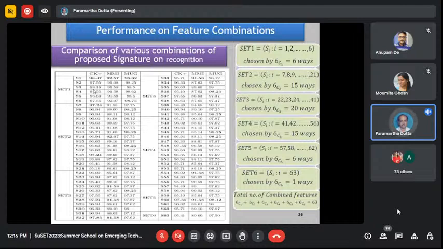Since there are 6, there are 2 to the power 6, that is 64 possibilities, and one is definitely the trivial one where all are excluded, so that is discounted. So 64 minus 1 means 63 possible combinations, and all of them may be considered.